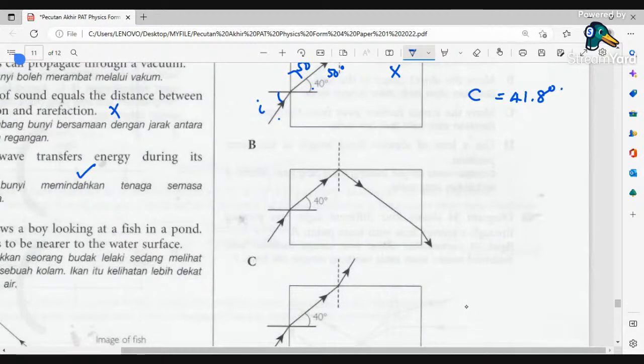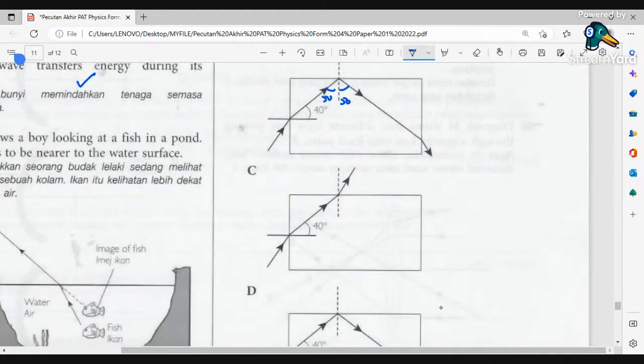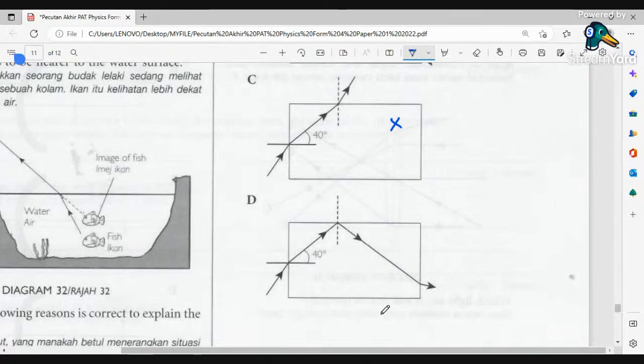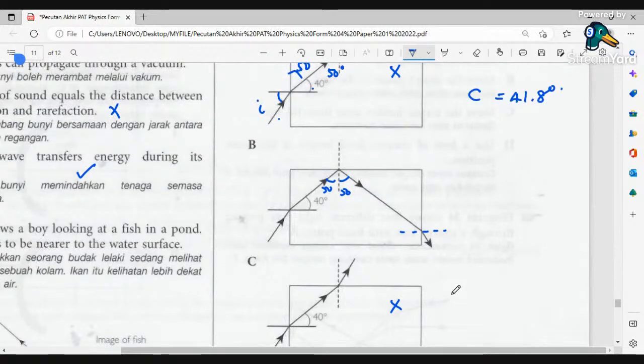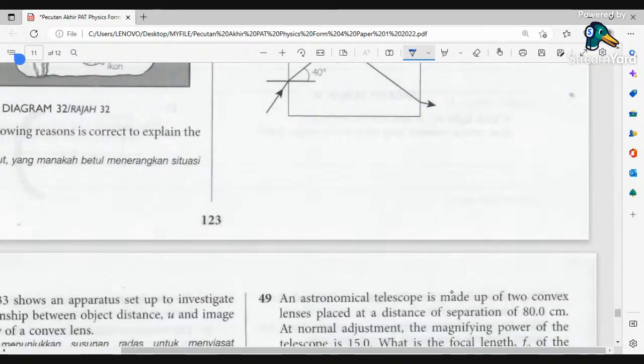Okay, B macam betul. Okay, check. Okay, 50, 50. Ini pun salah. Check yang ni. Okay, apa beza yang B dengan C? Okay, so ni. Okay, bends away. Correct. Ini bends towards, wrong.